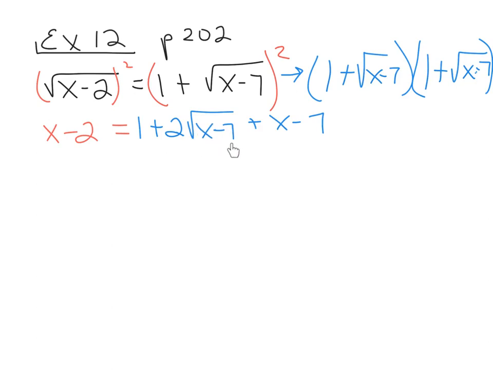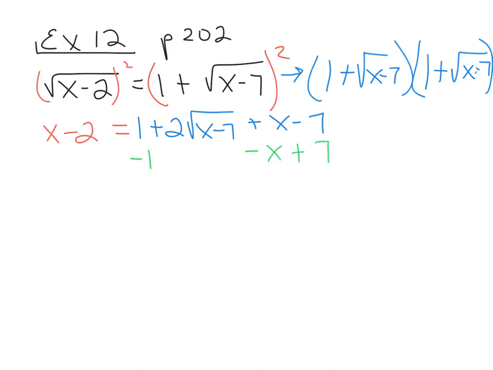Now, we need to isolate this so that we can get rid of it. So we're going to bring the rest of these terms over to this side. I don't know if we can do it all in one. Let's see. We need to subtract 1. We need to subtract x. We need to add 7.